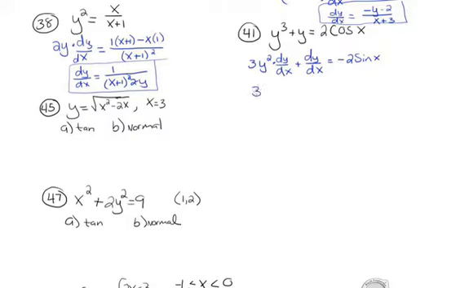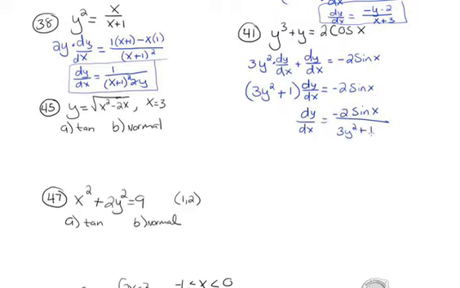So I need to solve for dy/dx, so I get 3y squared plus 1, because I'm factoring out dy/dx. And dy/dx divided by dy/dx is 1. Think of it this way: I need to be able to do the distributive property to get back where I started, so I need to have the 1 there. Negative 2 sine of x, which gives me a first derivative of negative 2 sine of x over 3y squared plus 1.